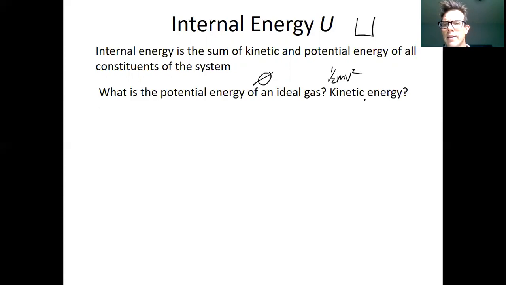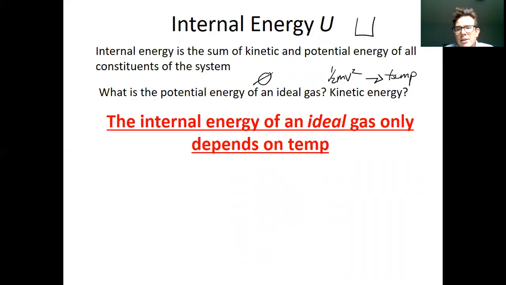And remember that velocity is actually measured by temperature. So when we think about the temperature of a gaseous system, what we're really thinking about is how fast the molecules are moving. And this leads to a really important insight.